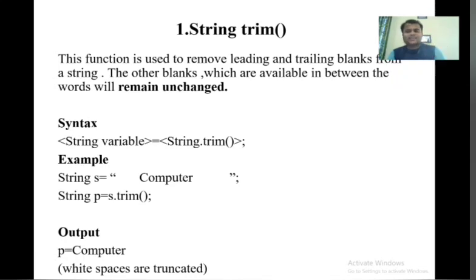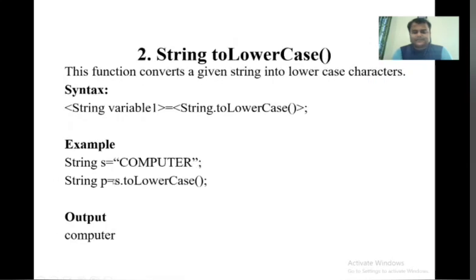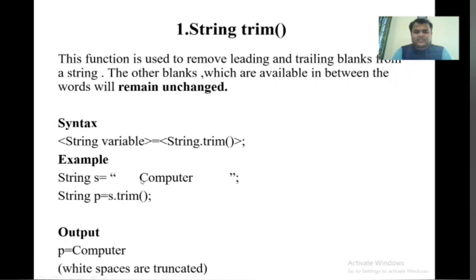You can see here, before the computer and after the computer there is a space. I am going to use the variable s here. s dot trim means it is going to trim the spaces before the string and after the string within the double quotes. Okay, only white spaces.